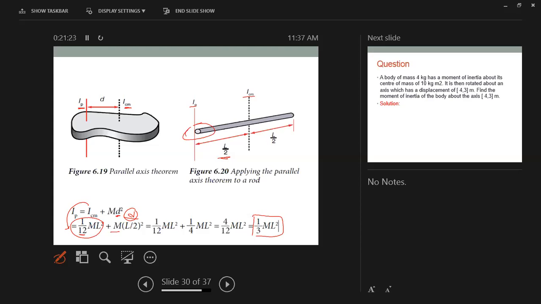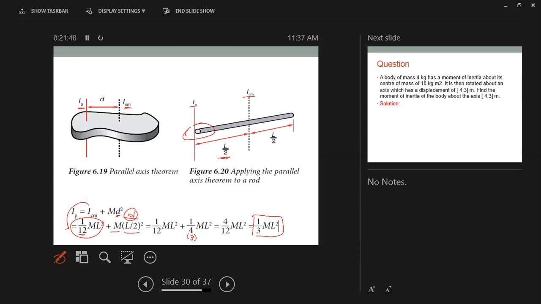So when we put them over here, it's going to be 1 over 12 m L squared plus m times L over 2, squared, in parentheses. This is our displacement, the distance between I_CM and I_P. When we add them, since they are not like fractions, we have to make them like fractions.